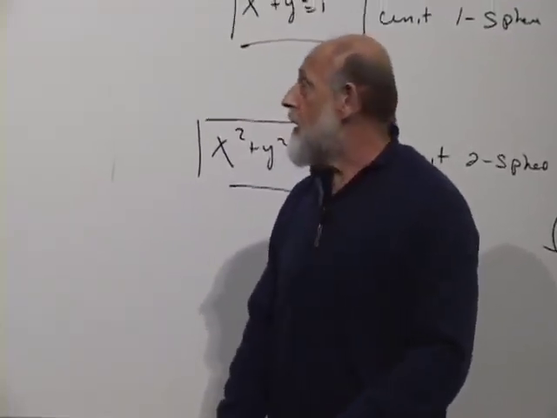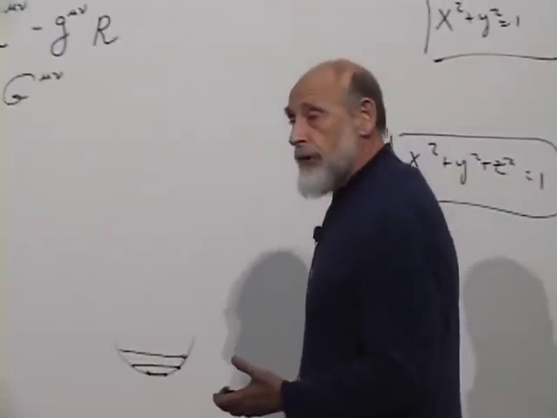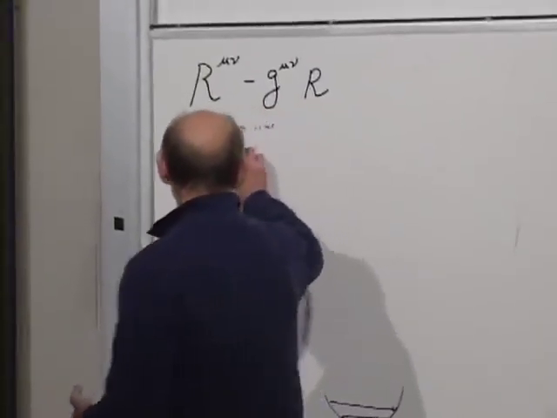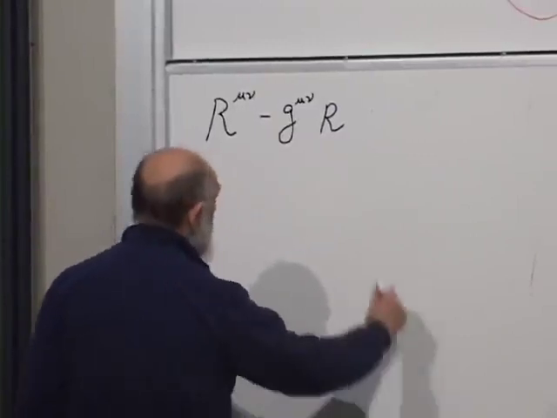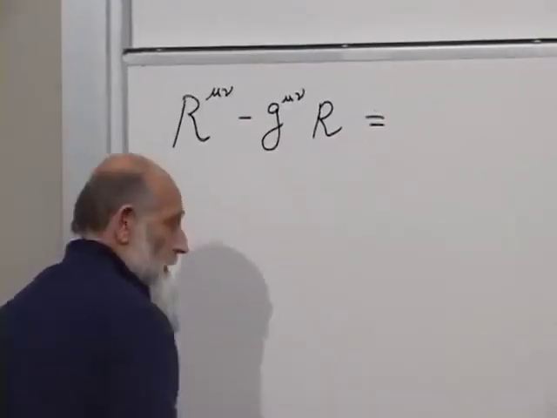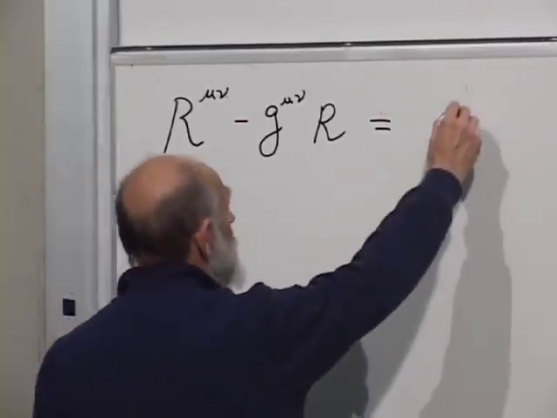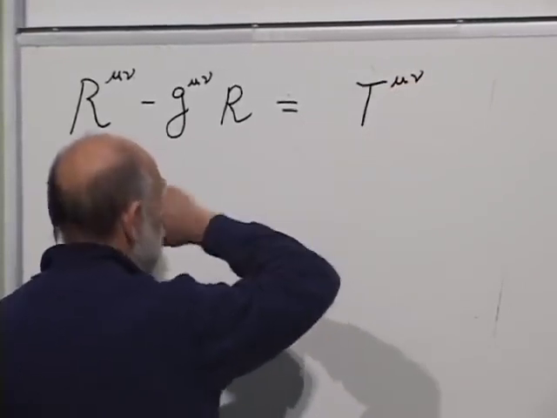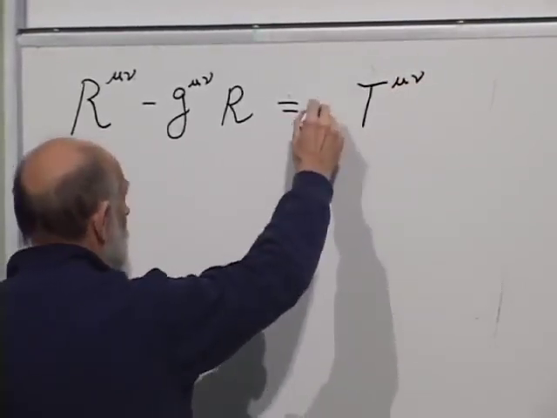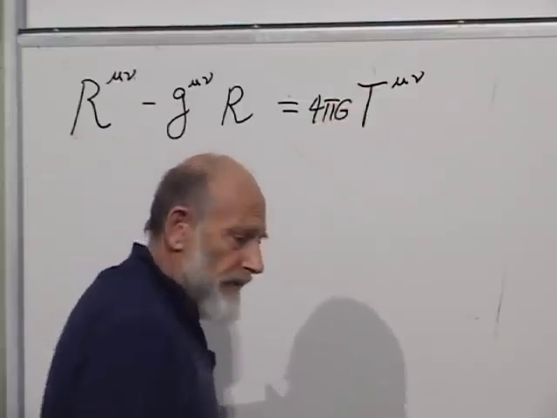Right-hand side is the sources of the gravitational field, and those were energy and momentum. The energy momentum was summarized in terms of another tensor called the energy momentum tensor. So on the right-hand side, we have the energy momentum tensor T mu nu, and I think there is a 4 pi Newton's constant there, if I remember.